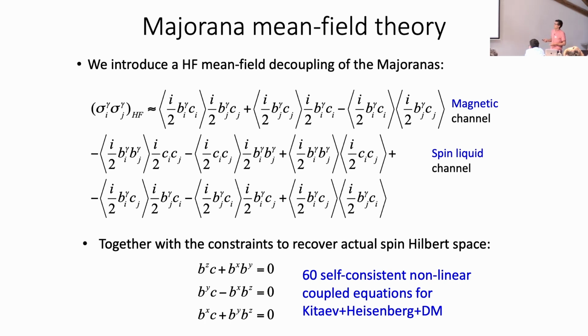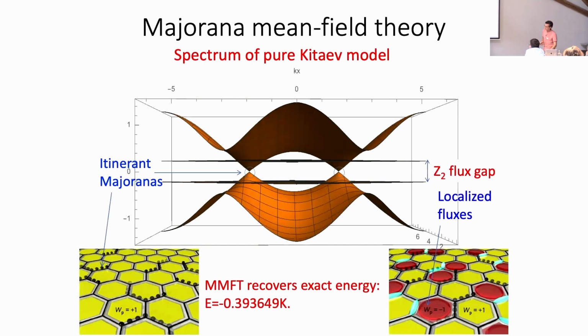And so this has a magnetic spin liquid channel, and doing this factorization together with certain constraints that bring the Hilbert space of the Majoranas into the spin Hilbert space, well, one can find, let's say, solutions to these equations and discuss the effect of both the magnetic field and the Jaroszynski-Moriya terms.